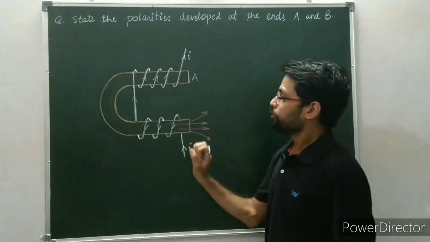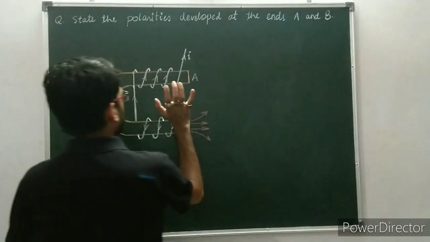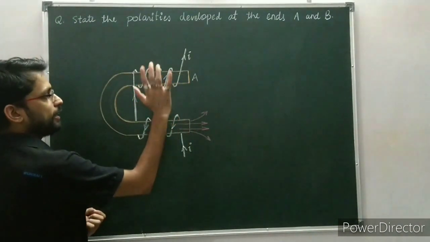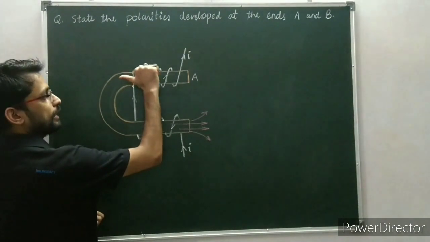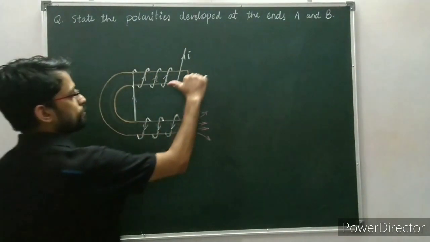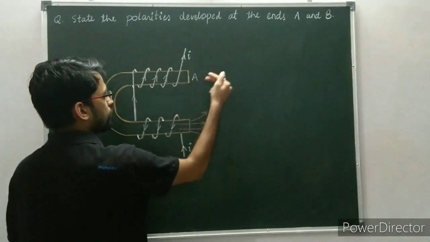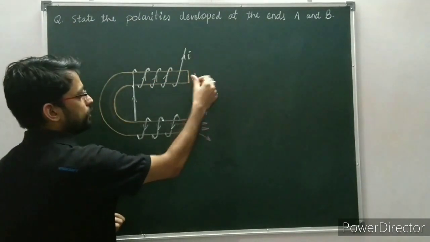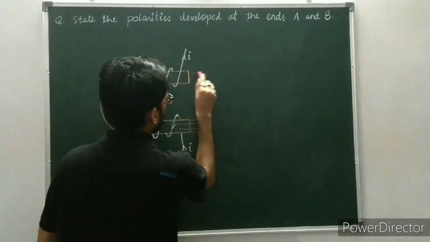From the right hand rule, when you curl your right hand finger in the direction of current, then the thumb will give you the direction of magnetic field. So the magnetic field is inward, into the frame.